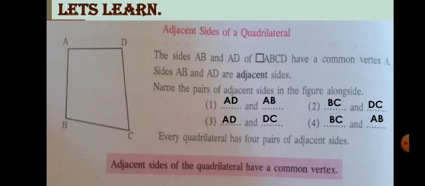AD is repeated twice, AB twice, DC twice. All the sides are repeated twice, as AD will be adjacent to DC also and AD will be adjacent to AB also. So each side is adjacent to the other two sides. So here we can say neighboring sides also. Adjacent sides of the quadrilateral have a common vertex. This point you have to keep in mind, children. It's very important. Let's move further.